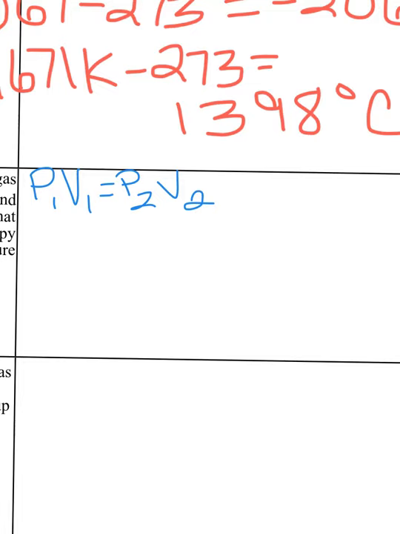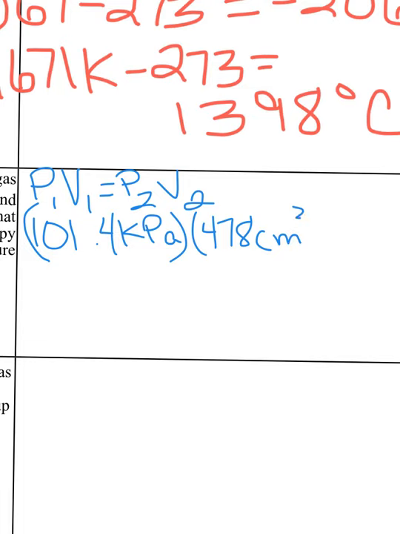So a sample of nitrogen gas has a volume of 478 cubic centimeters and a pressure of 104.1 kilopascals. Those are your ones. So 478 centimeters cubed is your initial volume, and we have 104.1 kilopascals as your initial pressure.